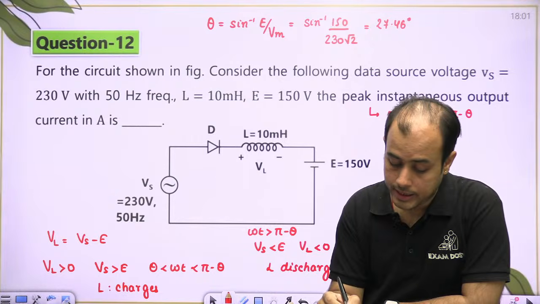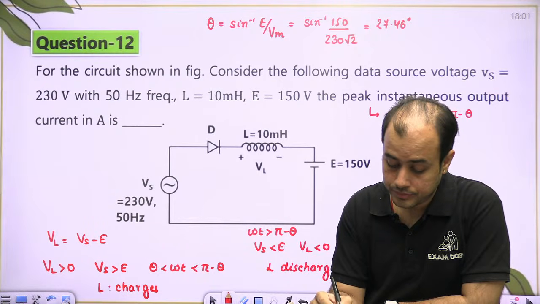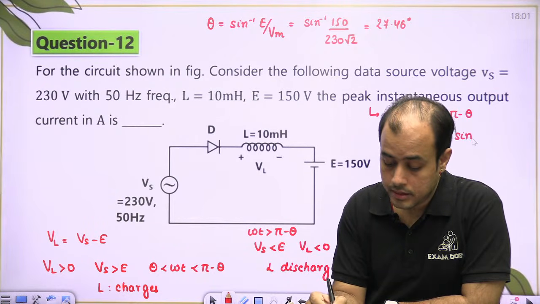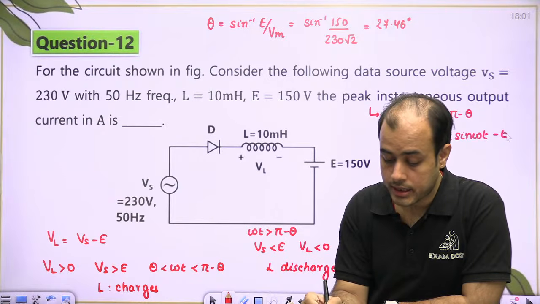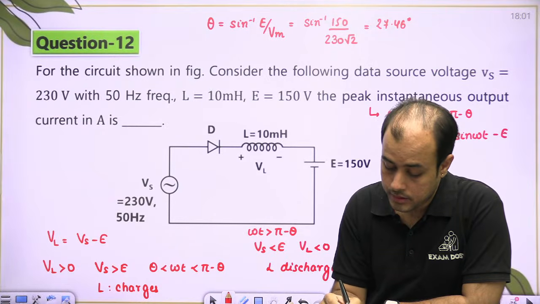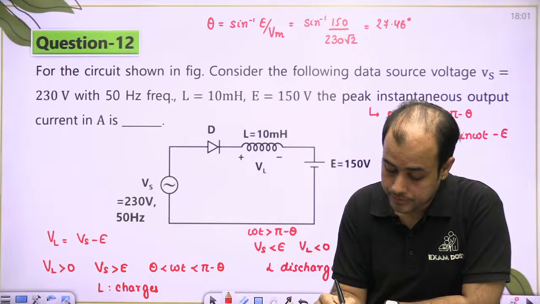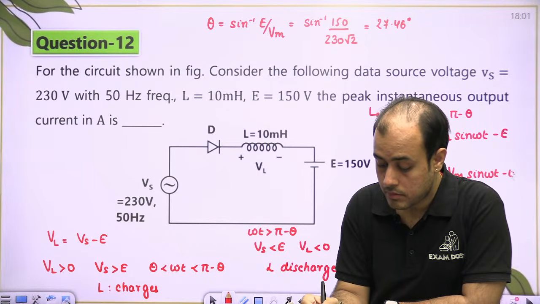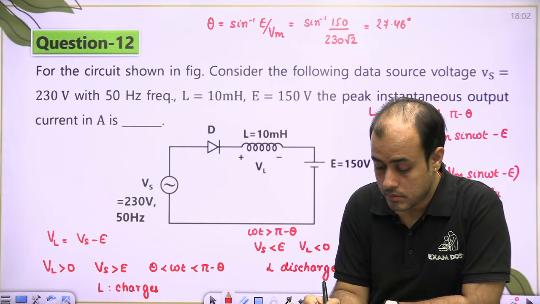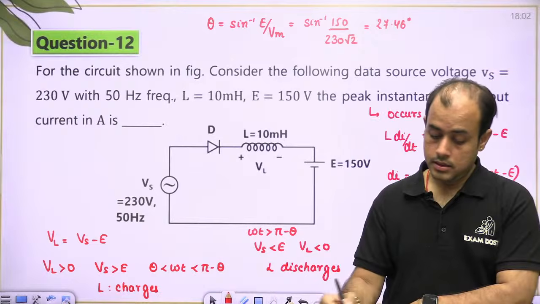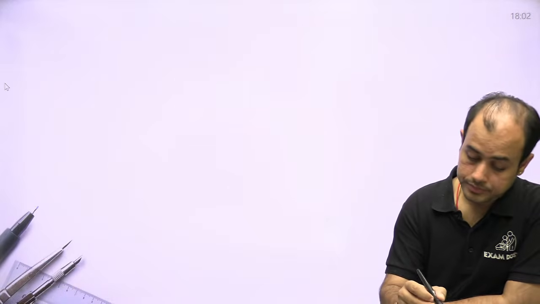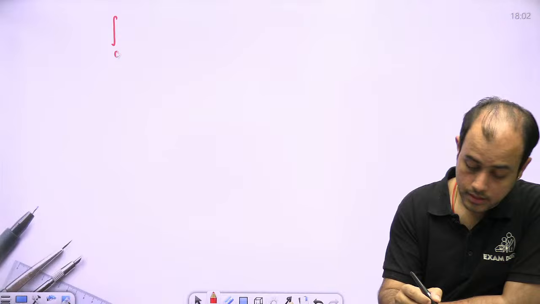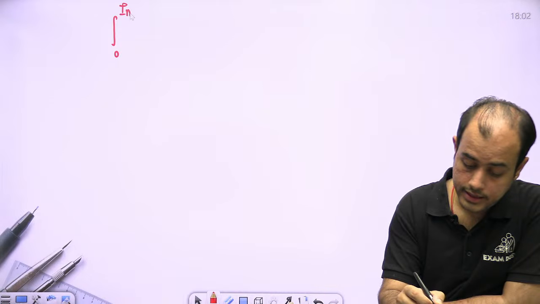Now L di/dt is Vm sin omega t minus E. So di... now beta, current increases from 0 to maximum.